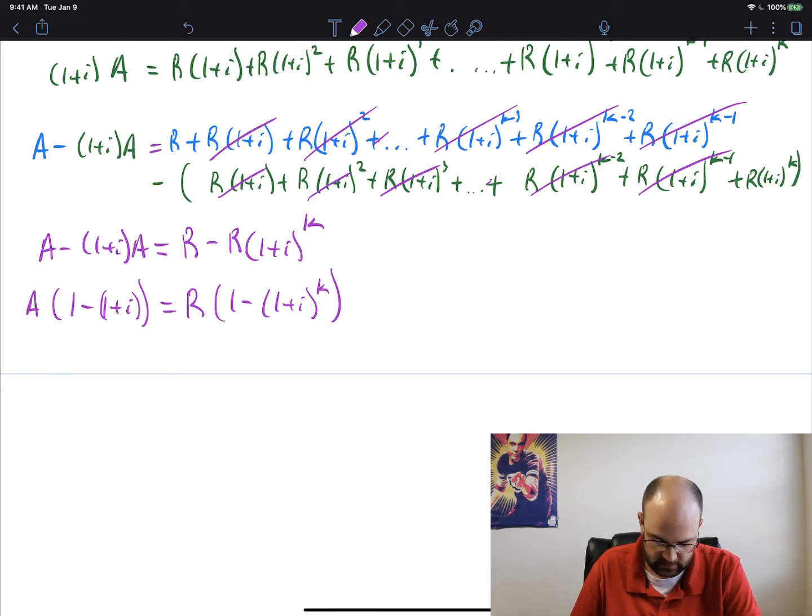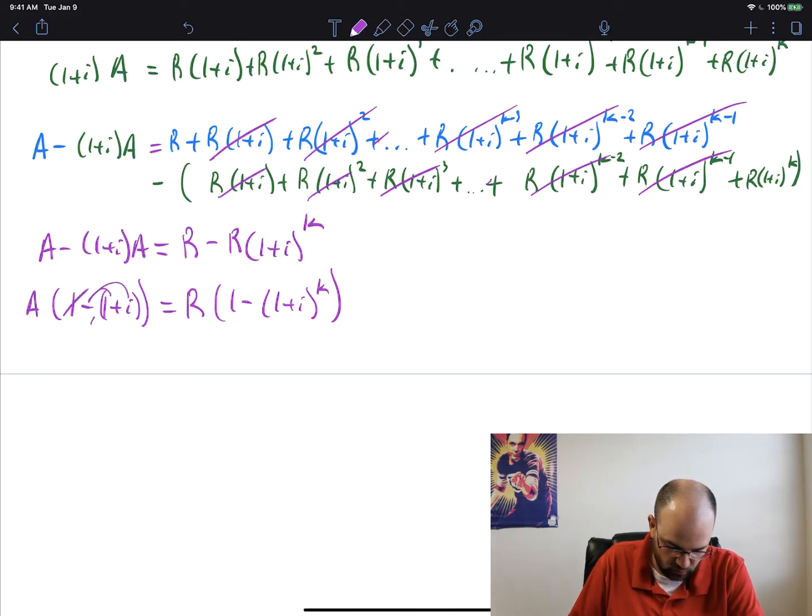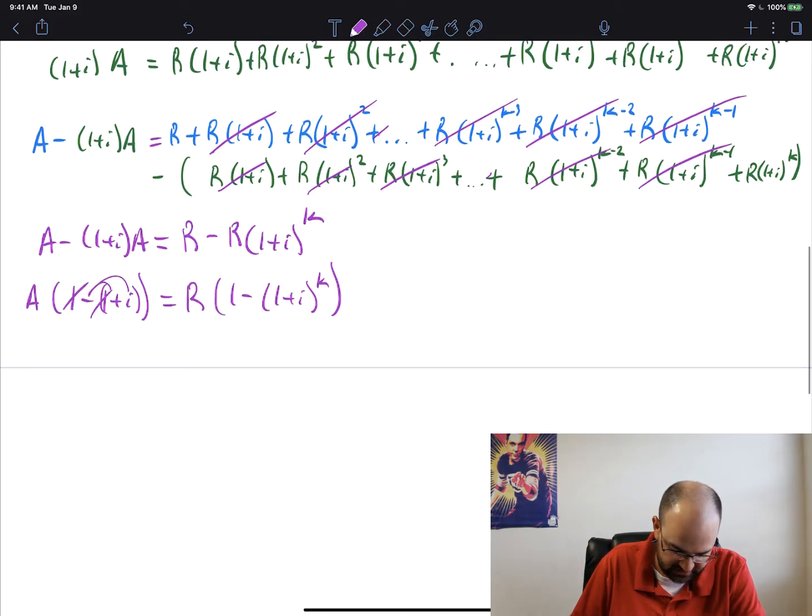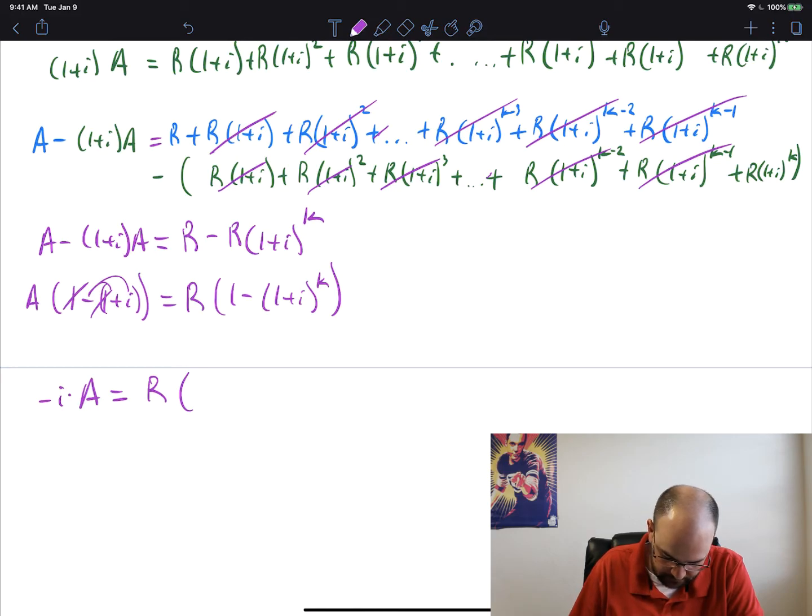Good. Now, over here, if I distribute the negative, the 1's cancel and I'm left with a negative i. So what I have is just negative i times A is equal to R times 1 minus 1 plus i to the kth power.